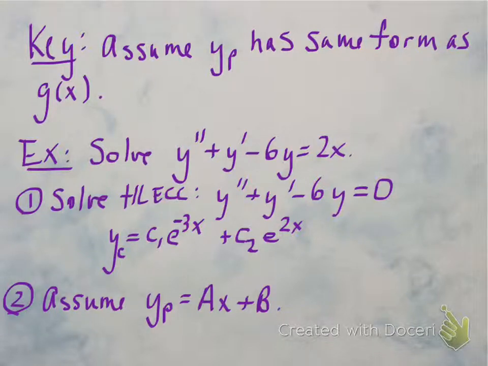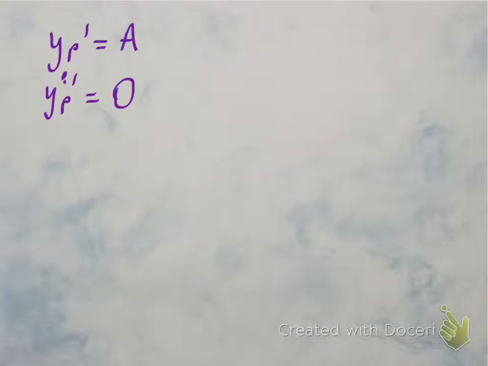So the method of undetermined coefficients says, let's assume that our particular solution has the same form as g of x, which in this case is linear, 2x. So we're going to assume that y sub p is ax plus b, and then see what happens when we plug that into the differential equation.